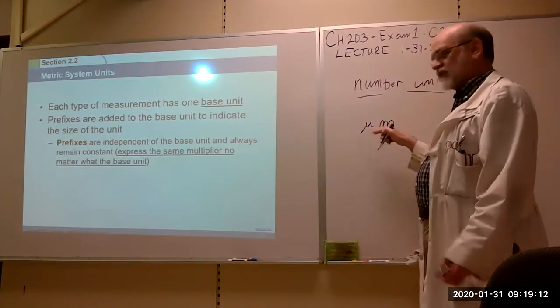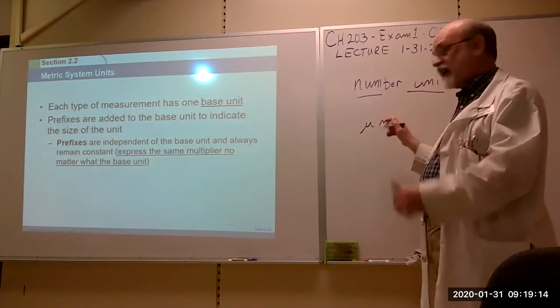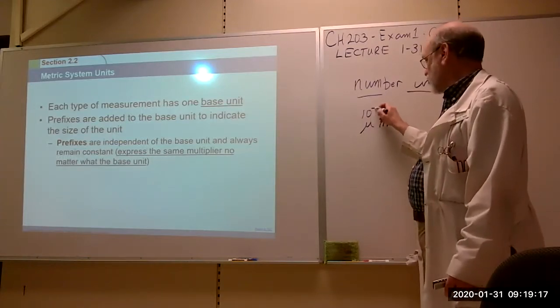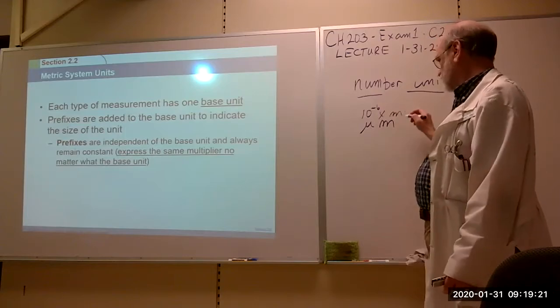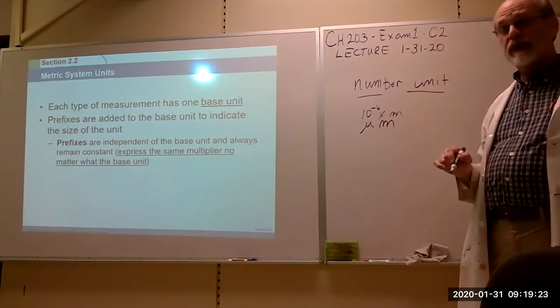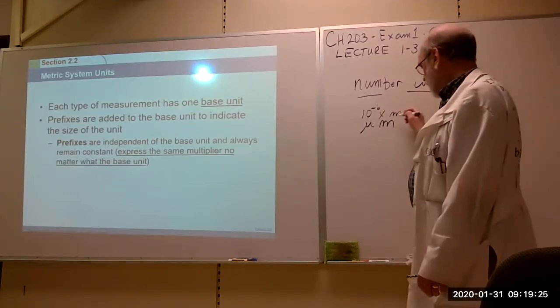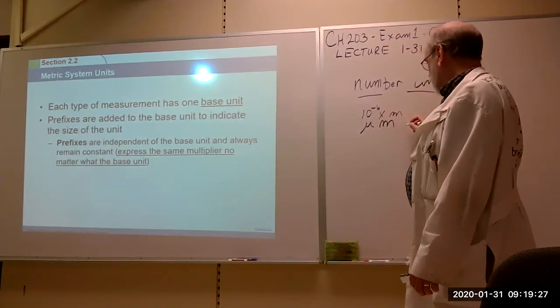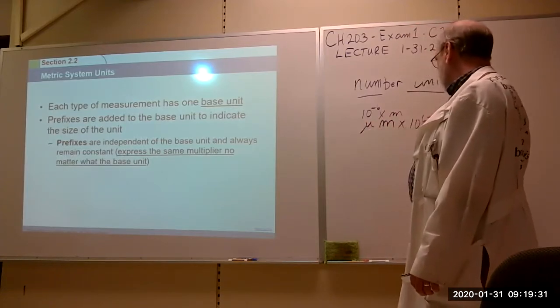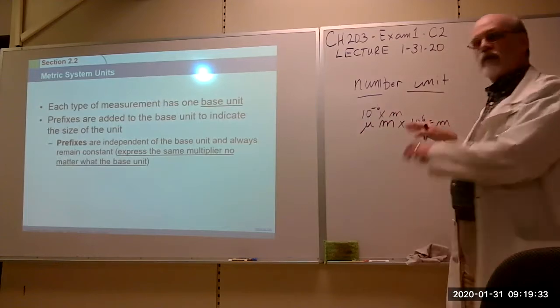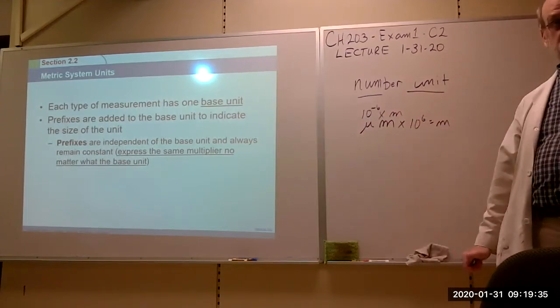So these prefixes have a meaning. They're constant values. This one is 10 to the minus 6 times whatever. Okay, so the micrometer unit, you would have to multiply it times 1,000,000 to equal 1 meter, right?